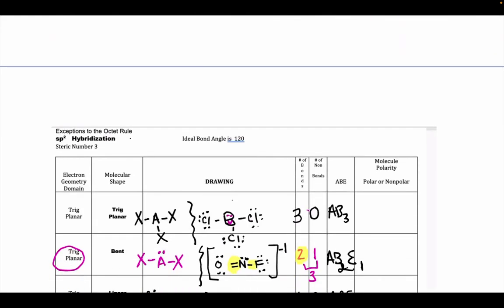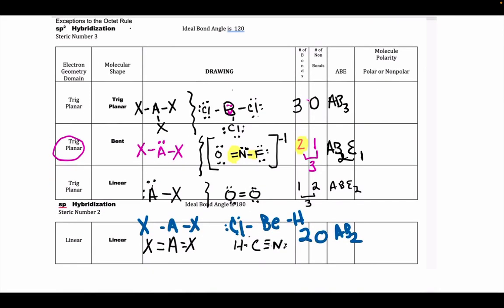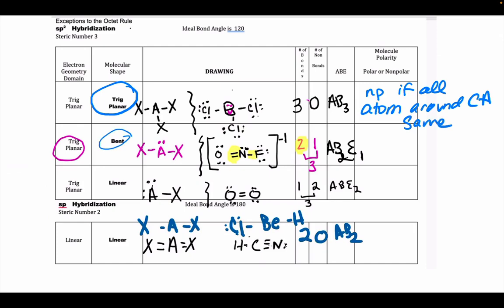Then if we go to the next slide, remember this is trig planar, nonpolar if all the atoms around the central atom are the same. This is a bent. Again, there's a lone pair on the central atom, so always polar.